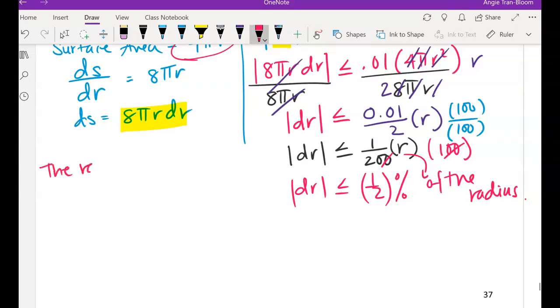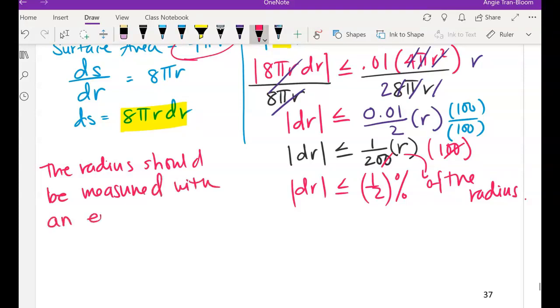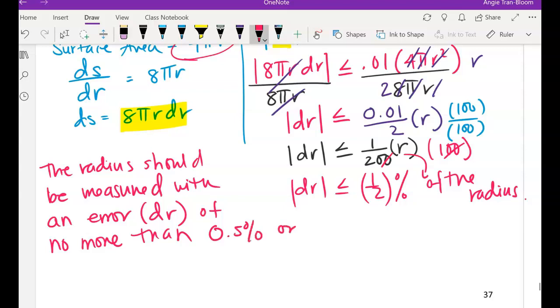The radius should be measured with an error, which is, remember, dr, the radius should be measured with an error of no more than 0.5%, or you can write 0.5% of the actual value of the radius.